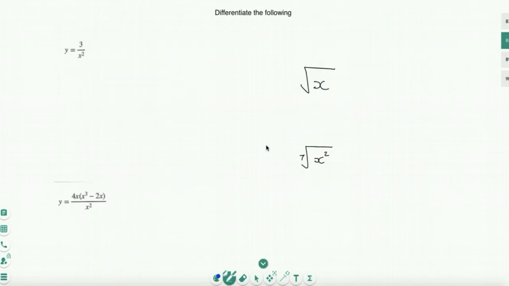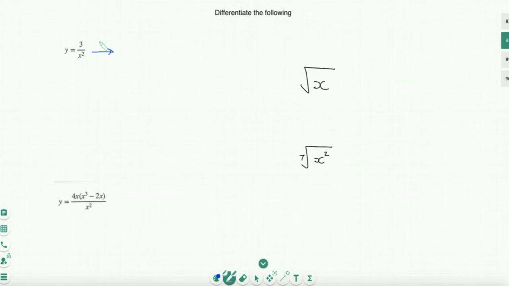All right, let's do some even harder problems. Y equals 3 over x squared. Okay. So remember, it's pretty hard to differentiate with fractions, so we have to get rid of that fraction somehow. Now, in order to do these set of problems, you have to have a good understanding of your indice rules, okay?